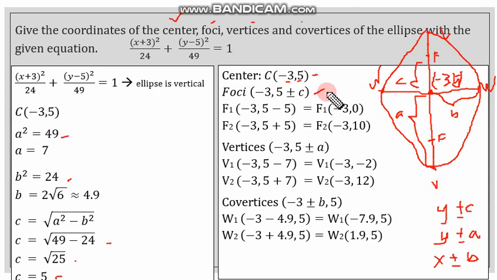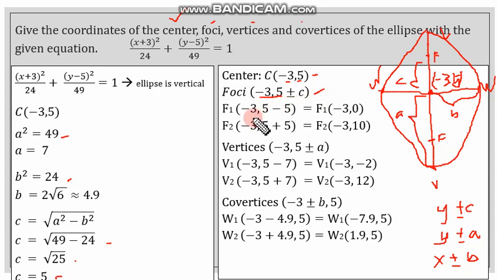Okay, so let's start with the foci. Our center is negative 3 and 5. We will add and subtract the value of c at the y coordinate of the center because our foci are vertical.